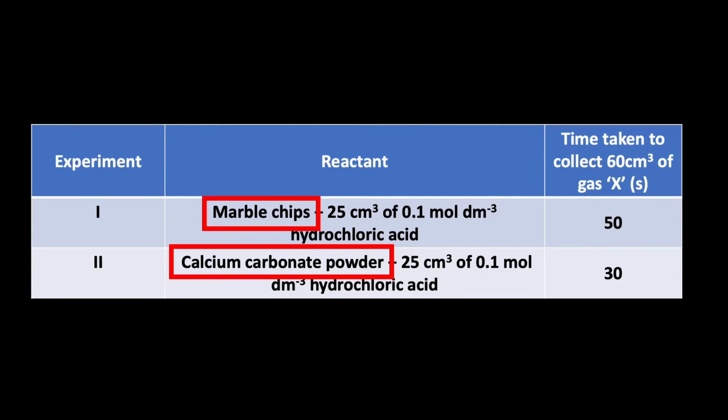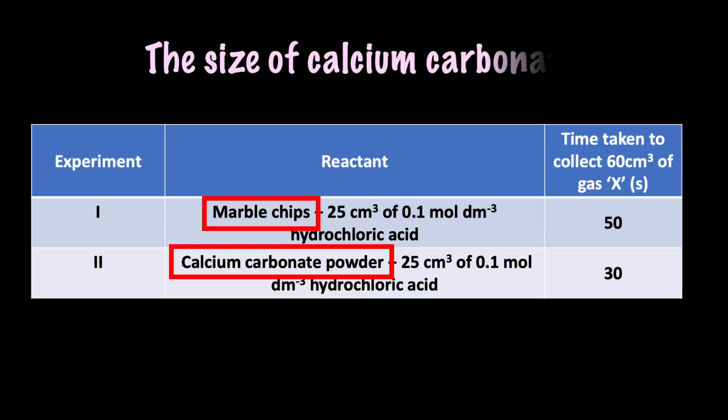Dari jadual, dapat kita kesan bahawa marble chips dan kalsium karbonat powder adalah benda yang sama tetapi berlainan saiz. Oleh itu, the factor that affects the rate of reaction will be the size of calcium carbonate.